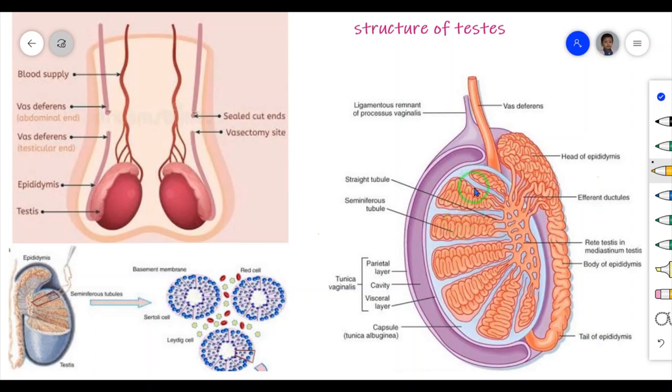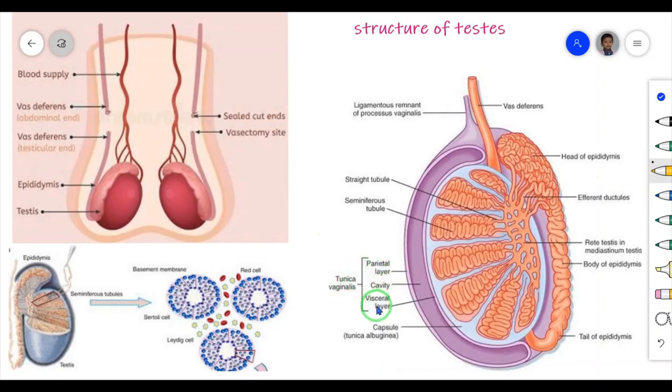Each testis is covered with a layer of fibrous tissue called tunica albuginea, also known as the capsule. The next region is the tunica vaginalis.